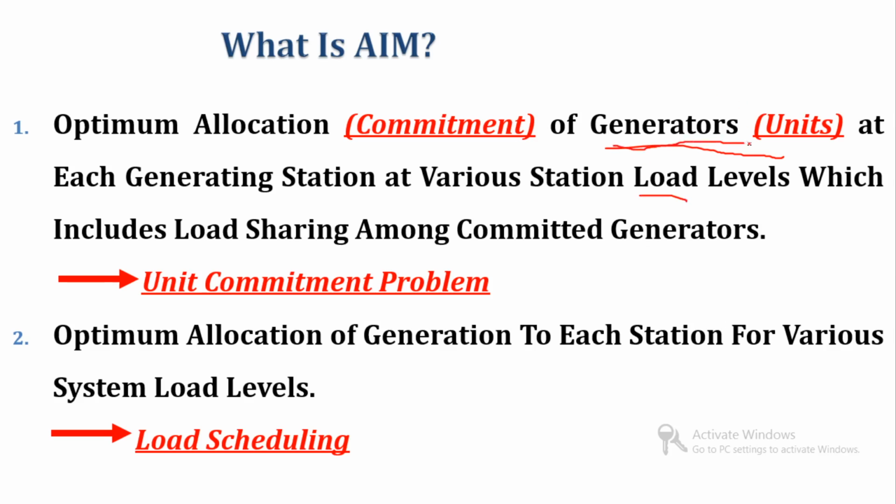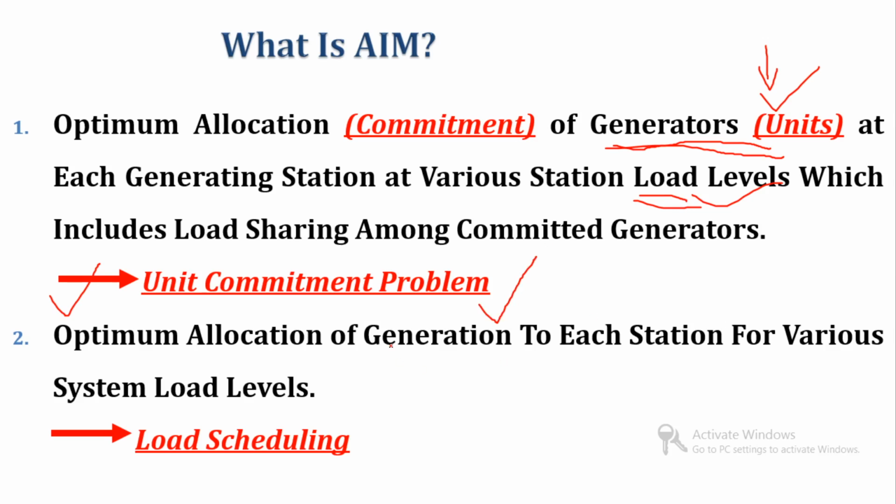So, how do you choose a generator or unit for your load which operates at the most economical level, at the lowest cost? That problem itself is known as the unit commitment problem.